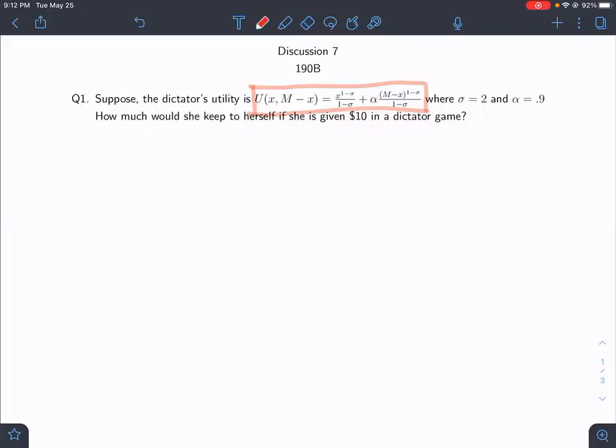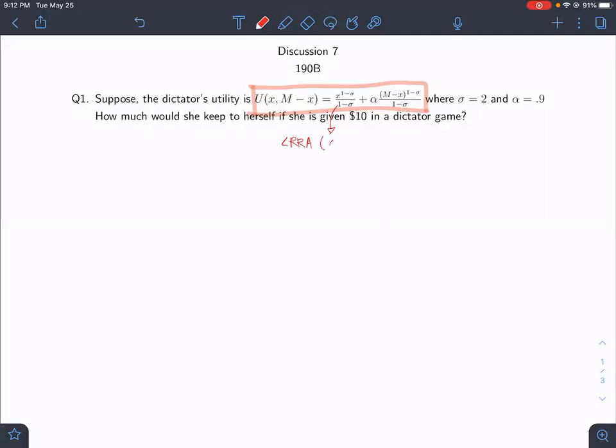And then this function, does anyone know the name of this function? It has a name. It's a very famous function in economics. This is called CRRA. We sometimes just call it a CRRA function.